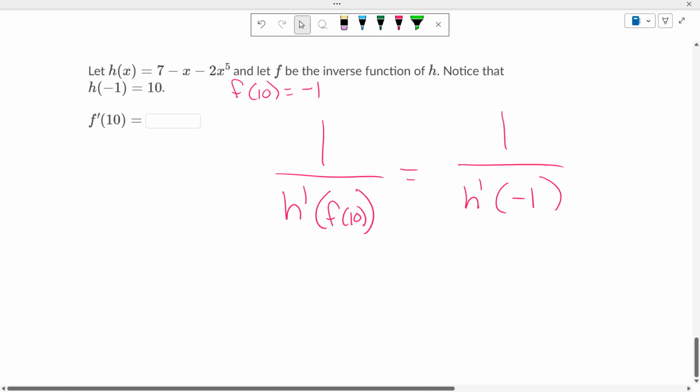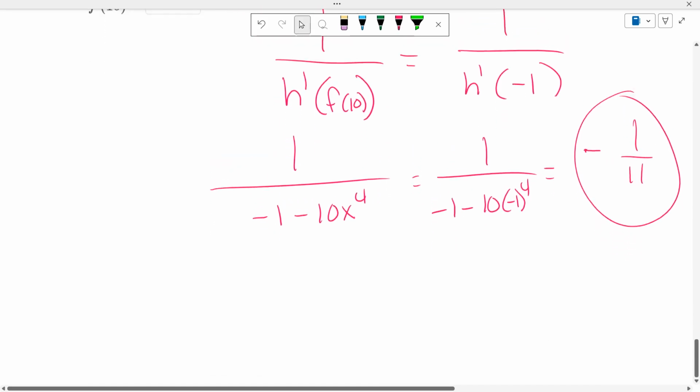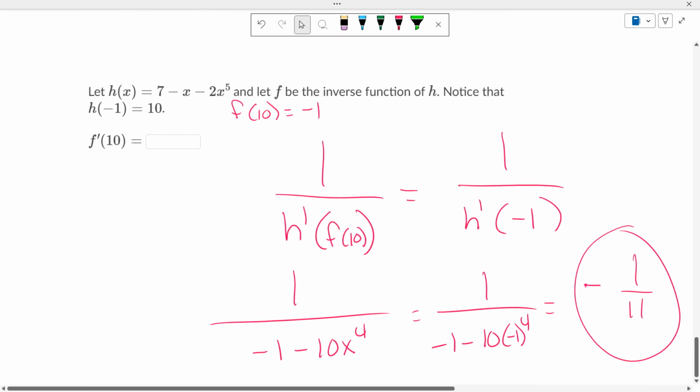And what's the first derivative of h? It's -1 minus 10x to the fourth. So it's 1 over -1 minus 10 times -1 to the fourth. -1 to the fourth is 1, and -1 minus 10 is -11, so the answer is -1/11. Inverse functions. Just work your way through the formula.